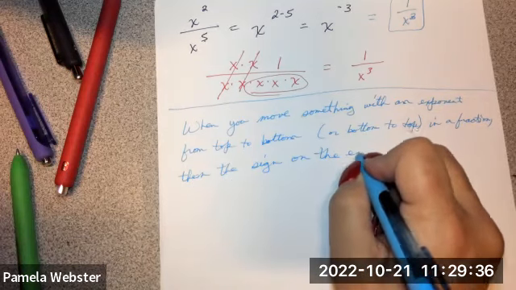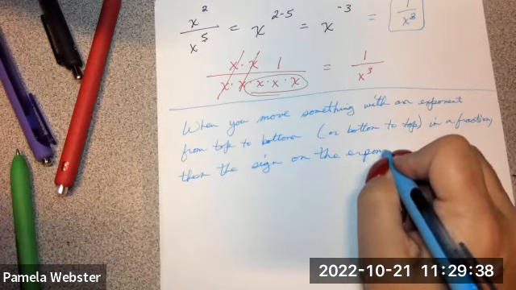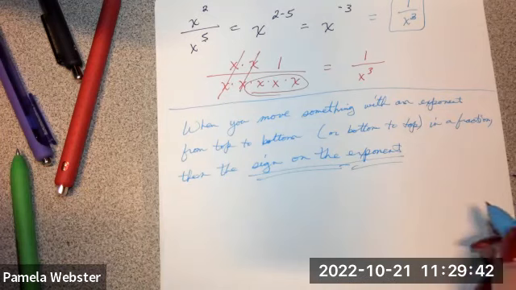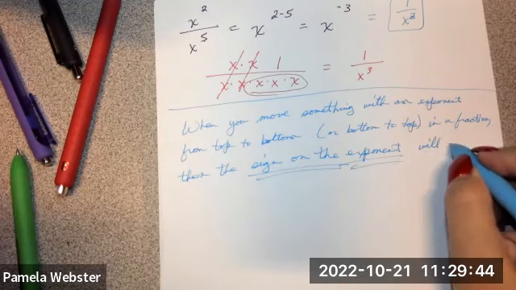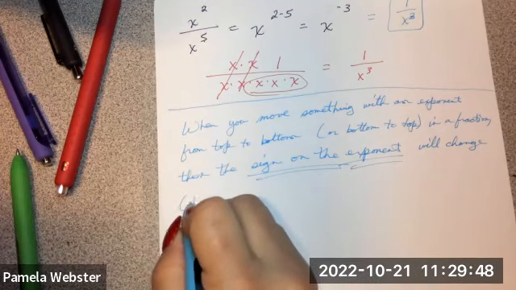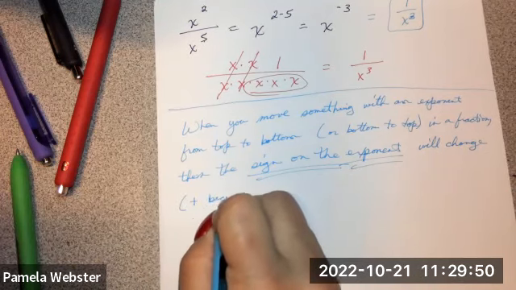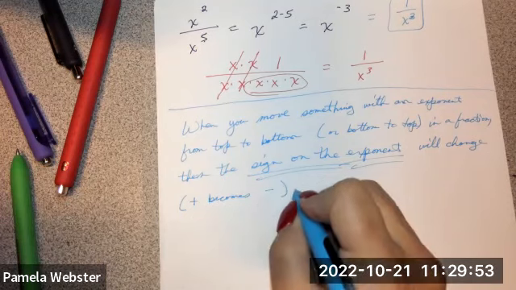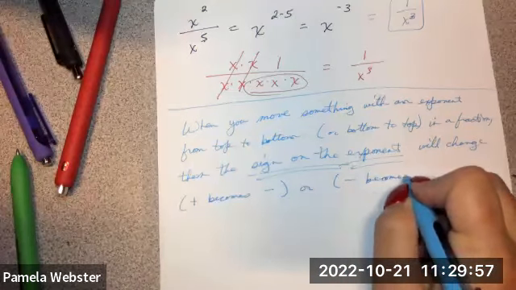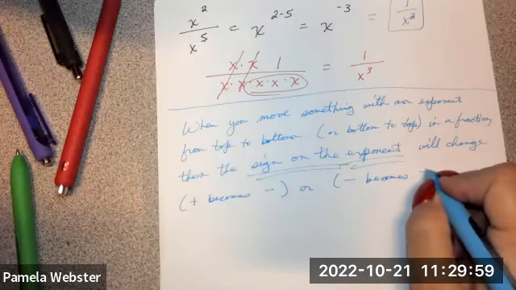Remember, we're not changing the sign on the base, the sign on the exponent will change. Okay, so if it was positive, it would become negative, or negative becomes positive. Just depends on what I'm dealing with.